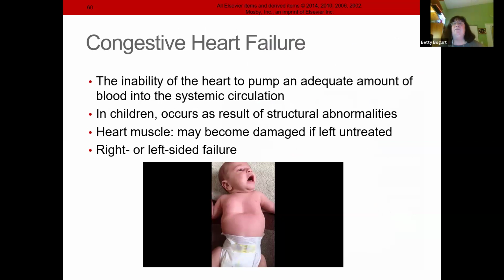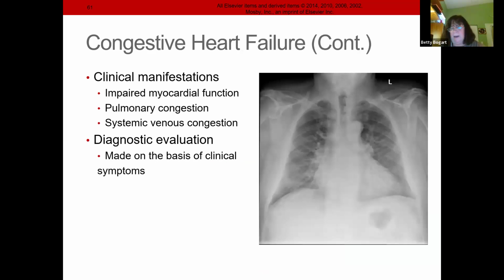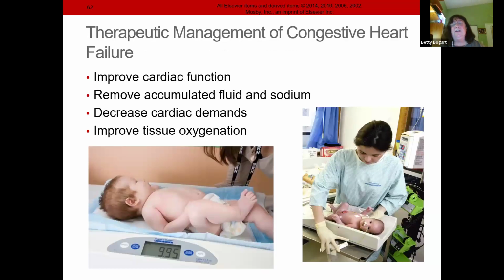So congestive heart failure: you get a kid with a congenital heart defect, the heart's not beating right. You have a kid who has coarctation and the blood's not going, it's filling up the lungs, right? And your heart's going into failure. So how do we know all about this? Well, you're going to see the lungs fill up. You're going to see this child get tachypneic, right?